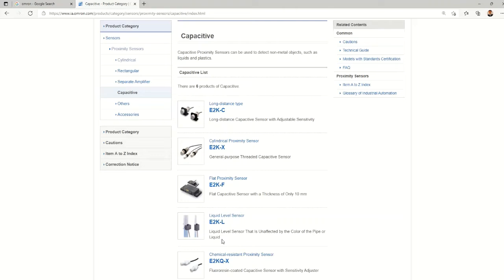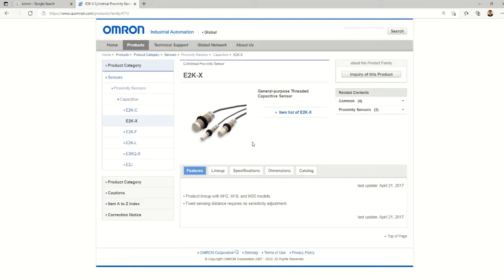So these are like liquid level sensors. So this is how it offers a huge variety, and we will see the cylindrical sensors, which come in M12, M18 and M30 models. So these are the sizes, and they have fixed sensing distance, requiring no sensitivity adjustment.